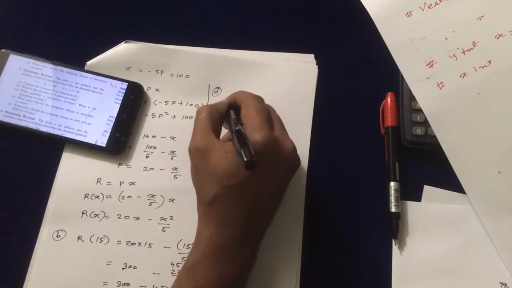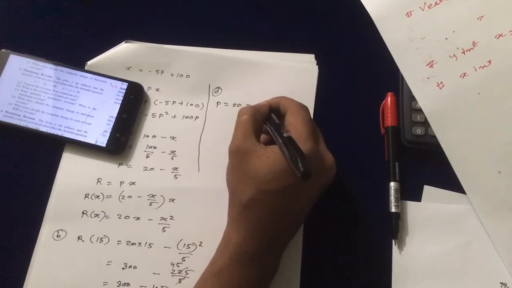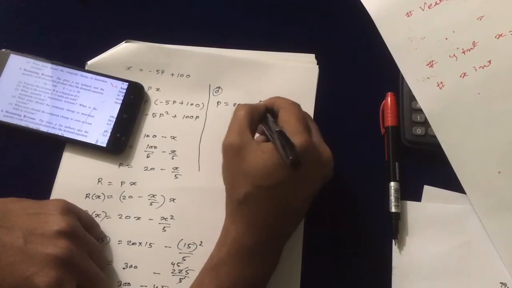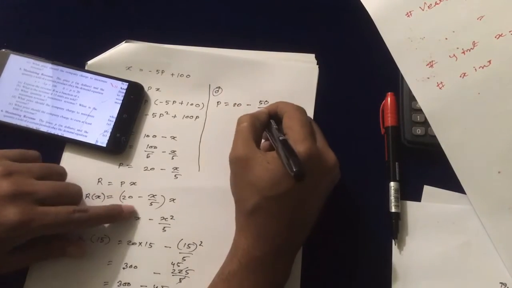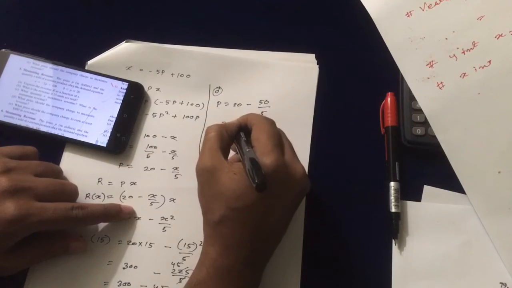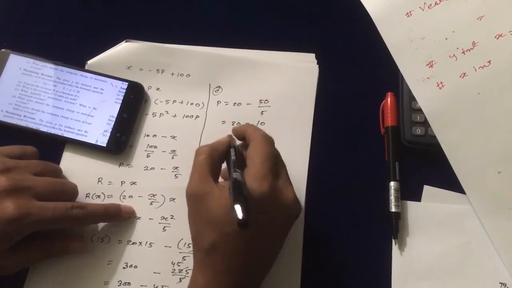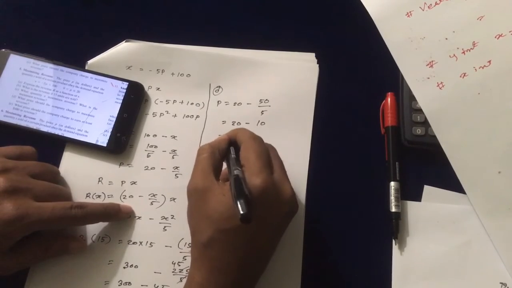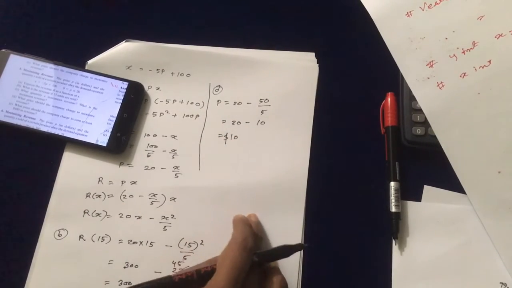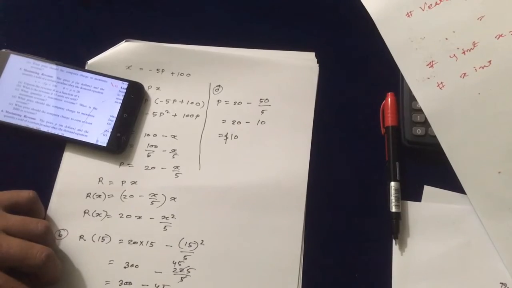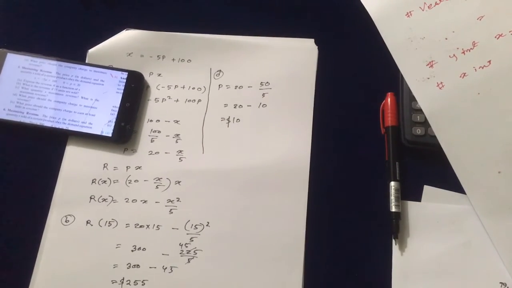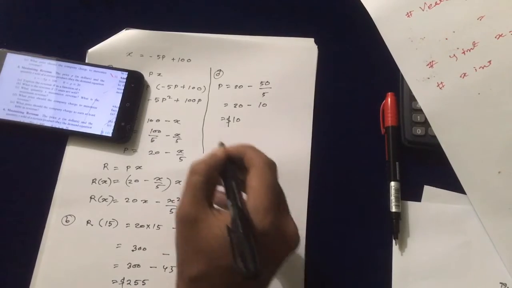So p equals 20 minus 50, the quantity, divided by 5. So 20 minus 50 divided by 5 means 10, so this equals 10, that means $10. That means to maximize the revenue, the company should charge $10 for each product.